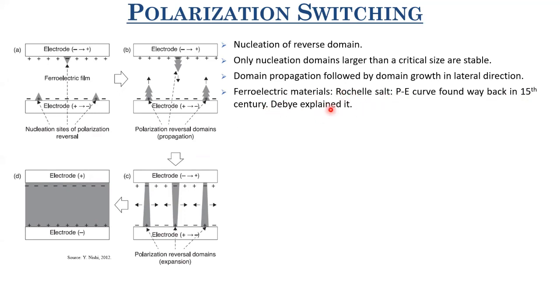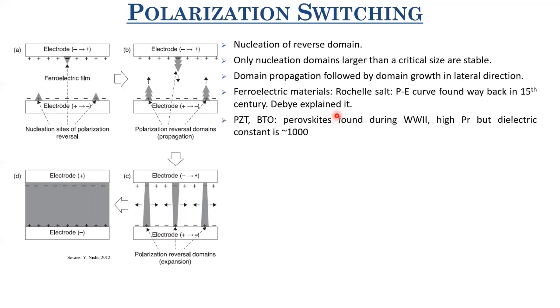And Debye also explained this theory of ferroelectric polarization at that time itself. Even though this field was kind of ignored, during World War II people were very busy developing new materials, and then somehow they came up with PZT and BTO. PZT is nothing but a perovskite. BTO is also a perovskite.